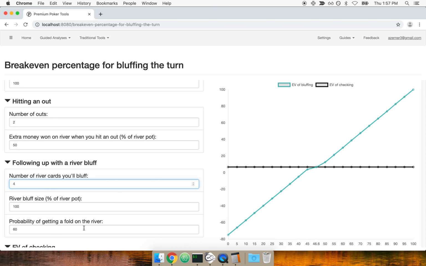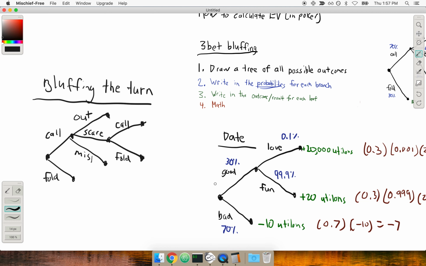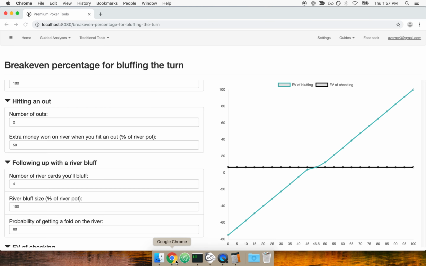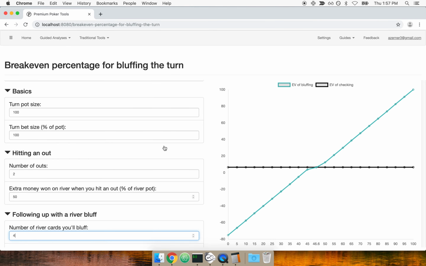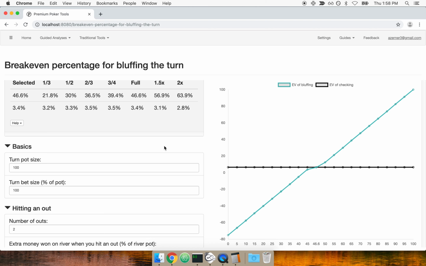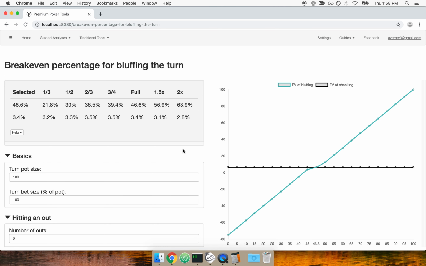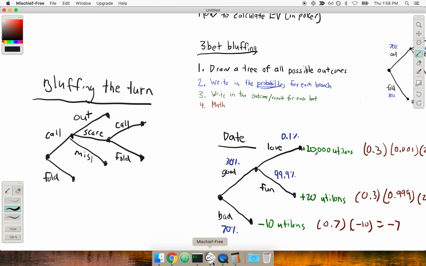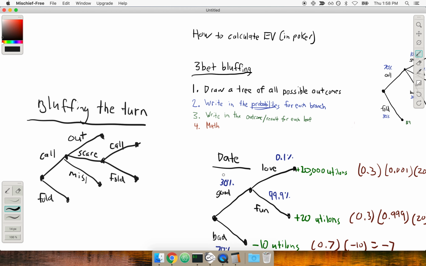So instead of playing around with the numbers yourself, putting in the probabilities and the outcomes, you can use my tool, and it's going to tell you what the expected value is for bluffing the turn. And it's going to tell you the break-even percentage, when the EV of bluffing is equal to the EV of checking. And I plan on making more of these tools for different situations, so you don't have to sit here and run the numbers yourself. But, of course, you're welcome to run the numbers yourself. I encourage you to do that as well.